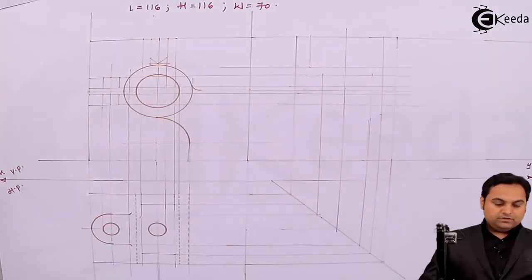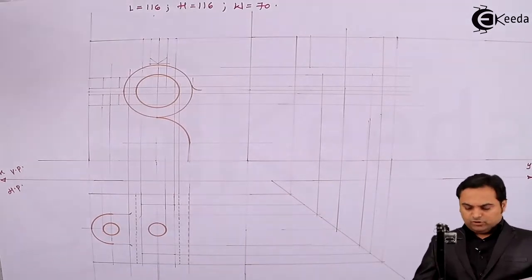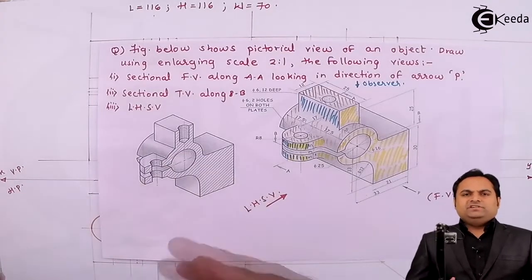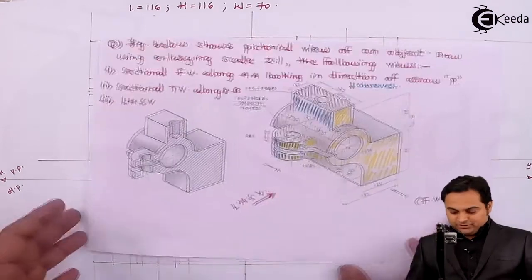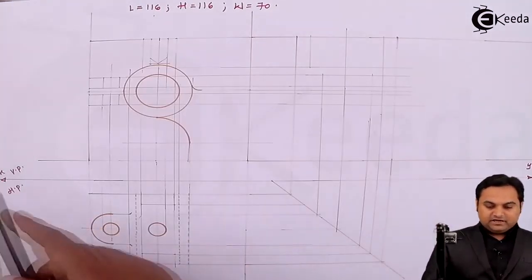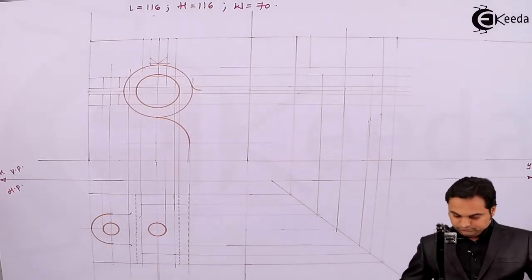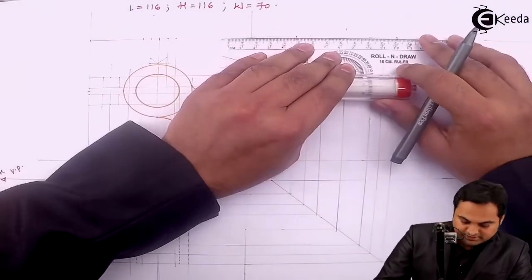Next, here if we see in this question, it has been said that we have to draw the left hand side view. Now this left hand side view is not sectional. So you can directly make it dark in order to avoid any kind of confusion here. So here I'll start making it dark step by step. Starting with this rectangle at the top.